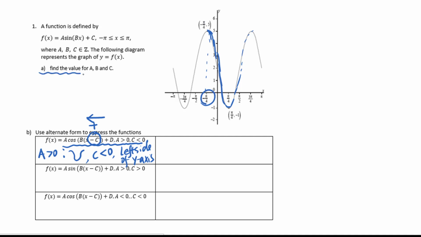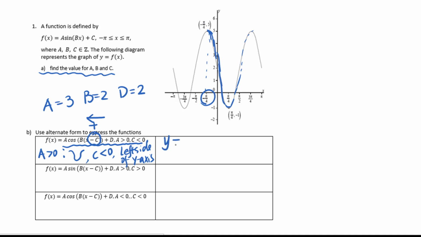For the A part, we already figured out A equals 3, B equals 2, and D equals 2. This time, the starting point is negative pi over 4. What you have to do is the opposite, because inside there is a liar.